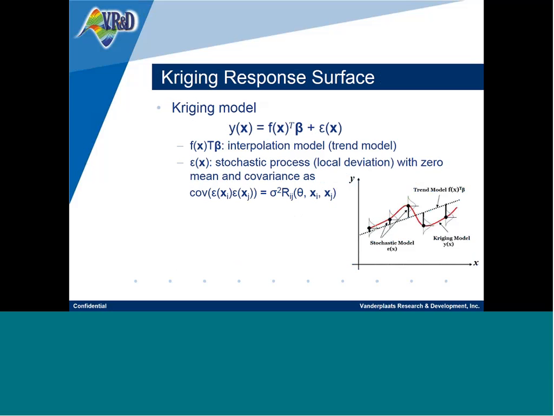Mathematically, the predictor of the kriging model interpolates the data using 2 models: the trend model, which represents the trend or the global mean of the prediction model, and the stochastic model, which represents the local deviation from the trend to the point, and is assumed to be a Gaussian process with 0 mean and covariance calculated as sigma squared multiplied by the correlation matrix.